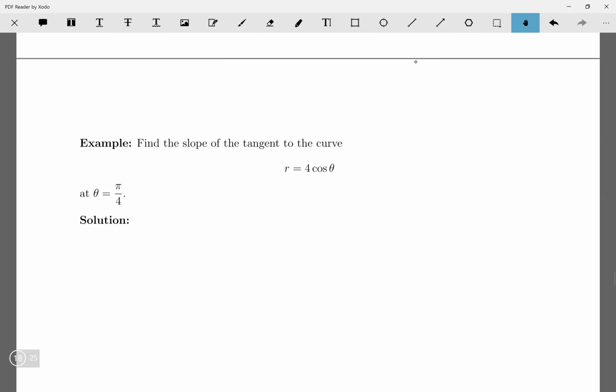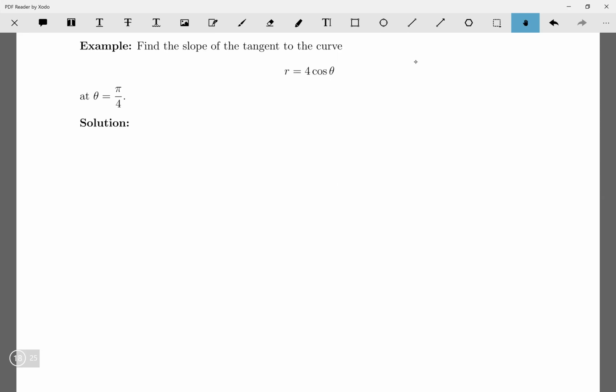So I'd like to find the slope of the tangent to the curve r equals 4 cosine theta. And so this is our f of theta if we're just going to plug and play from the formula. That's not a requirement. You can always just derive it from scratch. Okay, so let's just figure out what dy/dx is.